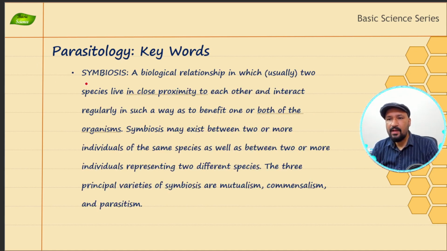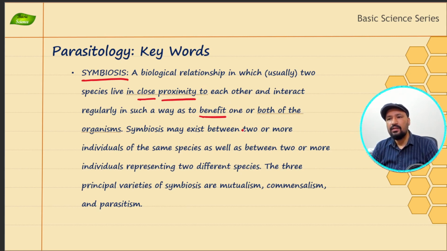Okay, symbiosis. Symbiosis is another important term that we need to understand when it comes to parasitology. It's a biological relationship where one organism is getting benefit from the other one, and the other is also getting benefit from the first one. So it's a biological relationship in which two species live in close proximity, which is one important criterion, and interact regularly in a way that benefits each other.